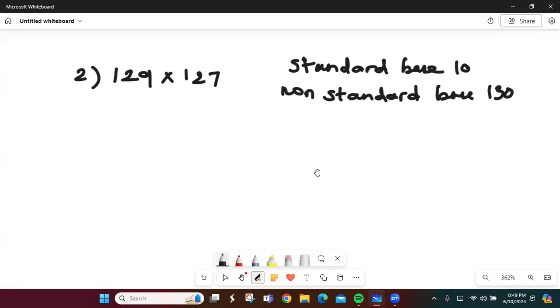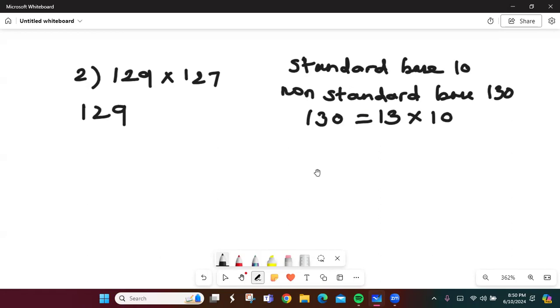So now we can see that 130, that is the non-standard base, is 13 times the standard base 10. Let us follow now the same procedure.